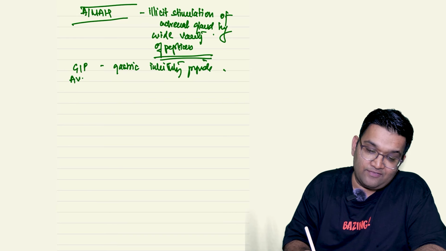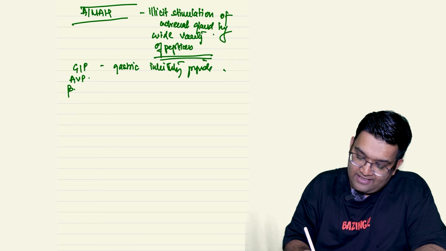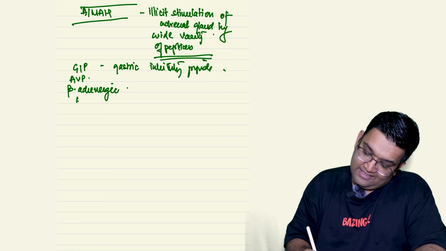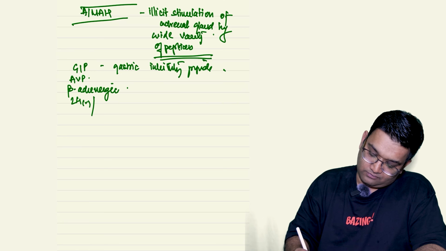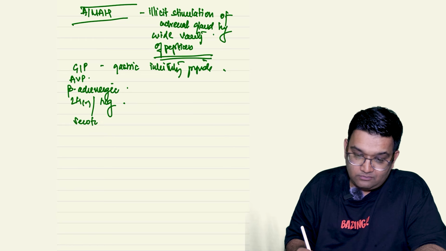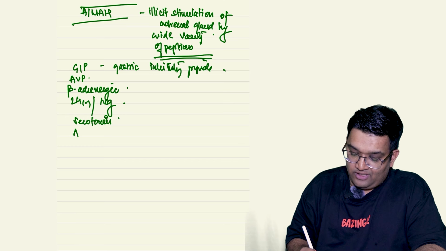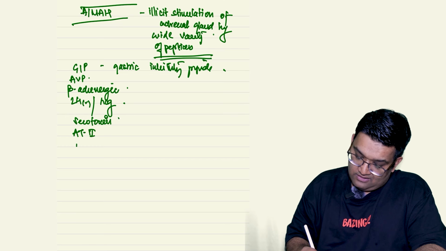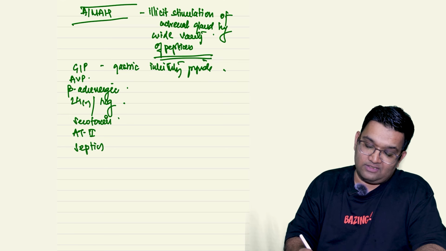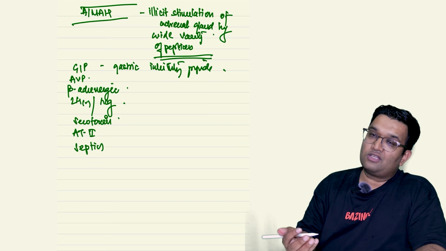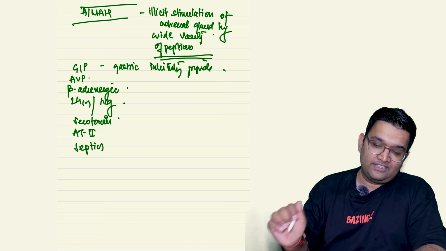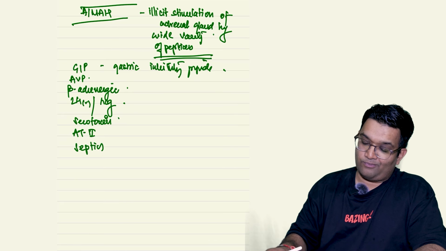There can be arginine vasopressin, beta adrenergic receptors, LH receptor, HCG, serotonin, angiotensin 2, and also leptin.